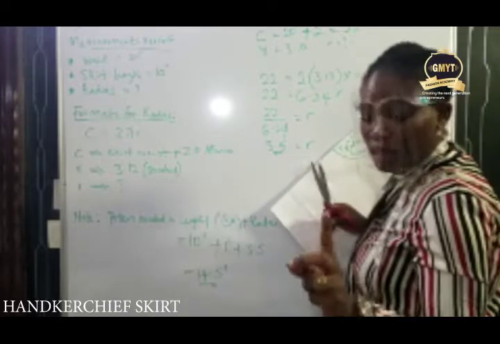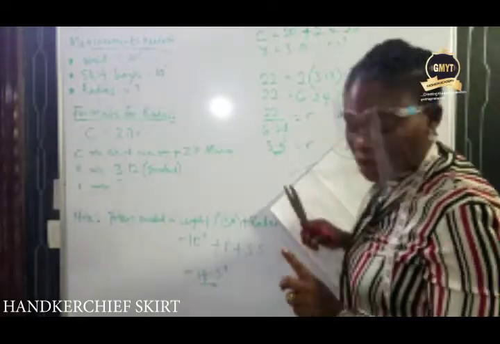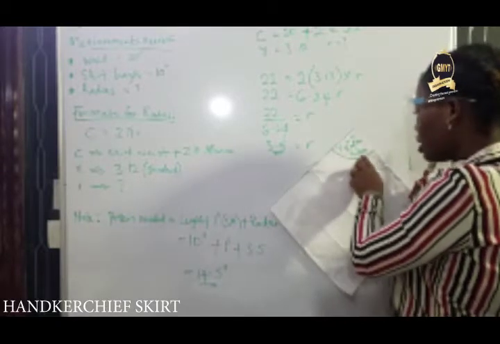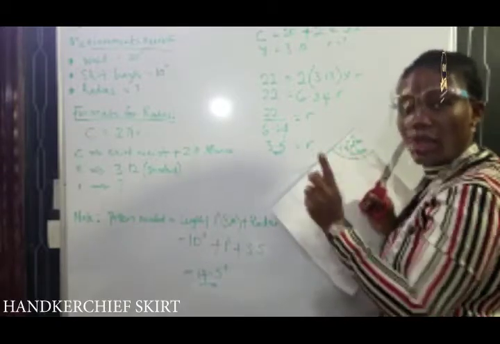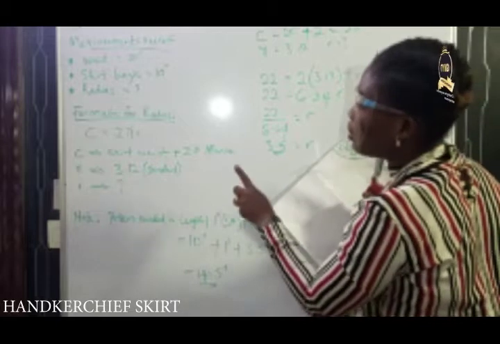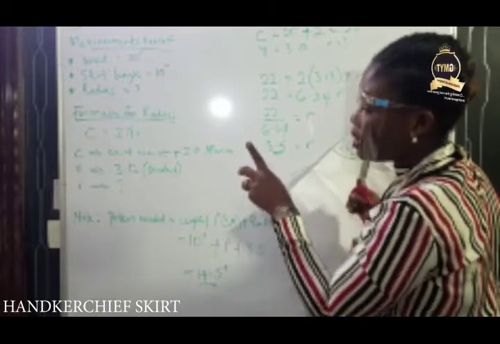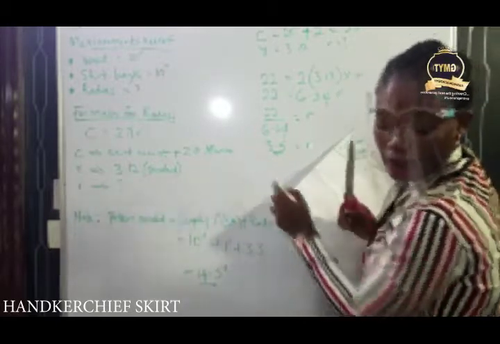Another thing you need to know is before you cut it out, make sure you measure this circumference to be accurate, to make sure that you have your waist circumference plus your zip allowance.